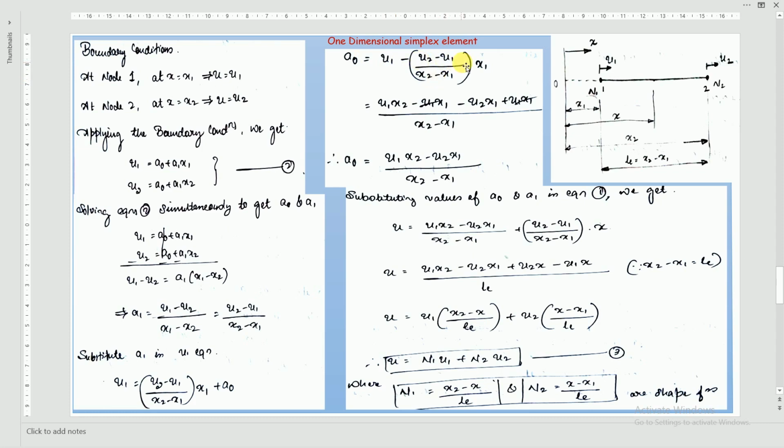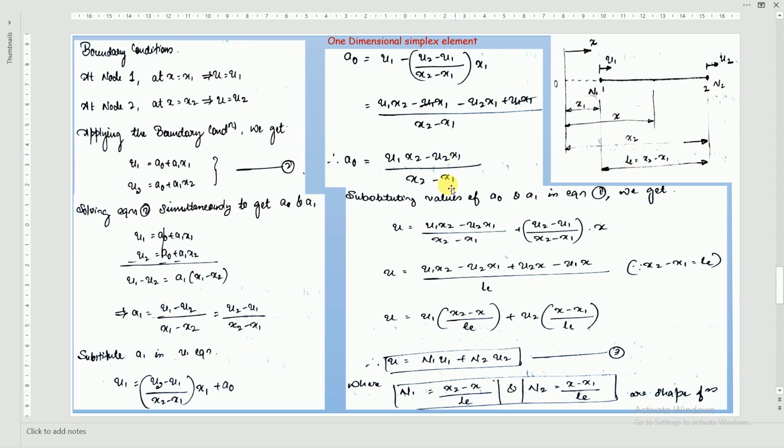And this term is there, minus u2 into x1, and plus u1 into x1, divided by x2 minus x1. So this term and this term will get cancelled out, and these two terms get cancelled out. What is remaining? u1 x2 minus u2 x1 divided by x2 minus x1. That is nothing but your generalized coordinate A0. Okay, generalized coordinate A0. Got it? Got it, everyone? Yes, sir.